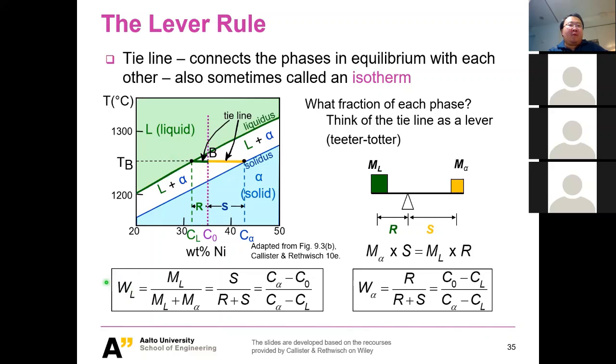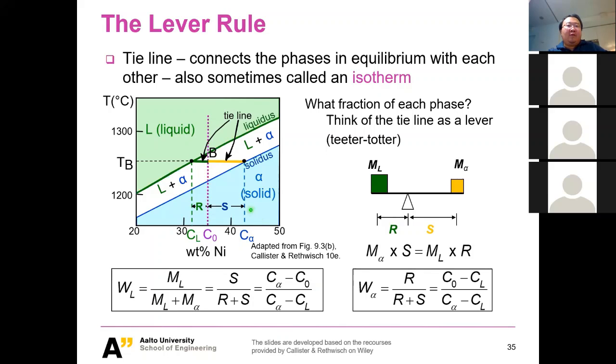If we just talk about the weight fraction of the liquid solution, it will be the mass of the liquid over the total mass, and by applying the lever rule, for the liquid phase it's S over S plus R, right?